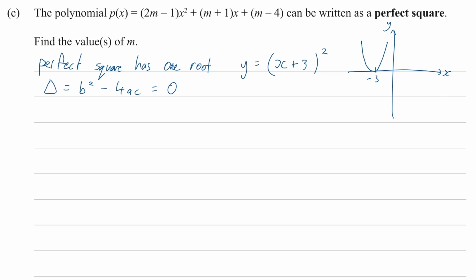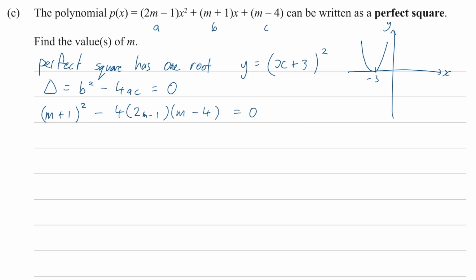So let's use that and express a, b, and c, which are in terms of m, and try to find this relationship for m. So we have b squared, which is m plus 1 squared, minus 4ac, 4 times a, which is 2m minus 1, times c, which is m minus 4, must equal 0.